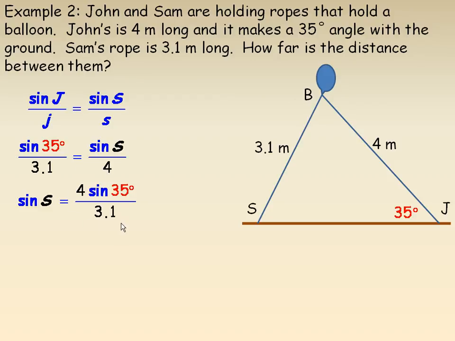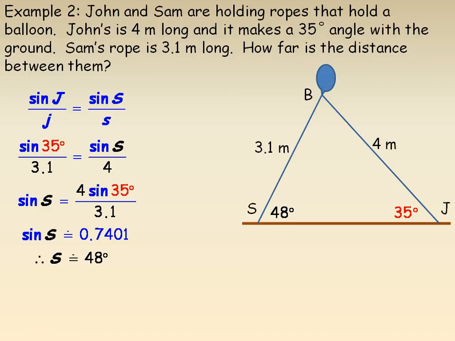Evaluating 4 sine 35 over 3.1, we get approximately, to 4 decimal places, 0.7401. To find angle S, we take the inverse sine of 0.7401, which works out to be about 48 degrees. So angle S can be labeled in the diagram with 48 degrees.